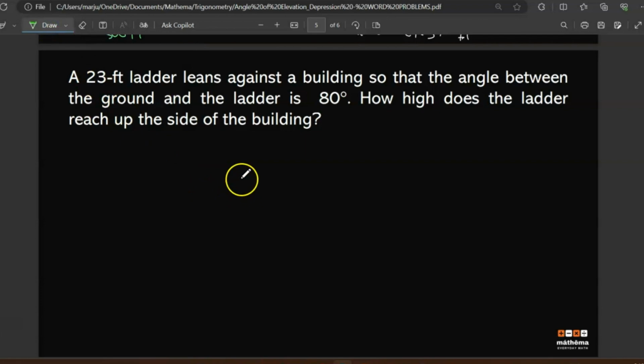So if we have a wall, this is our wall, and then we have a ladder that is leaning towards the wall. So let's just draw our ground.